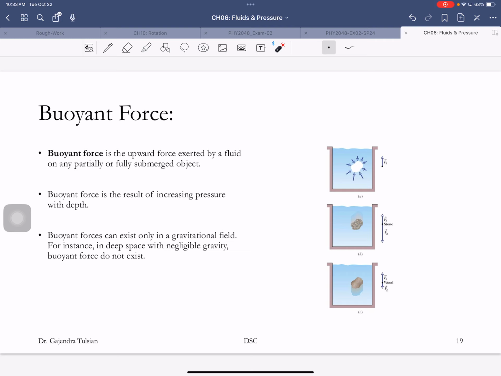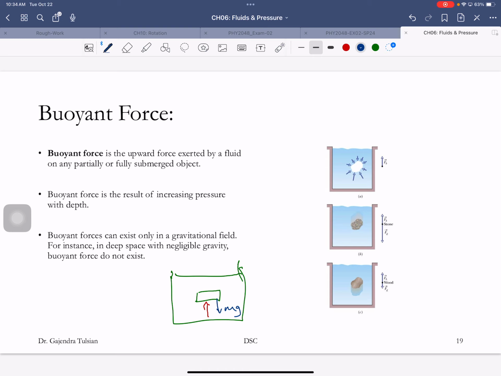In fact, if this is you underwater, because the pressure here is lower than here, there's a net upward force on you, and this upward force is equal to your weight. So if you're underwater, you're essentially weightless. You wouldn't sink, almost, if you don't panic.